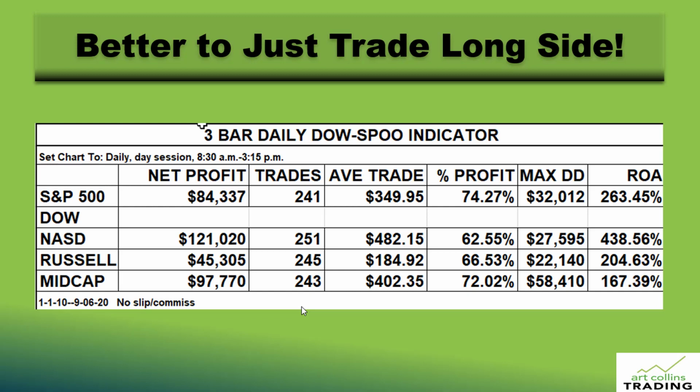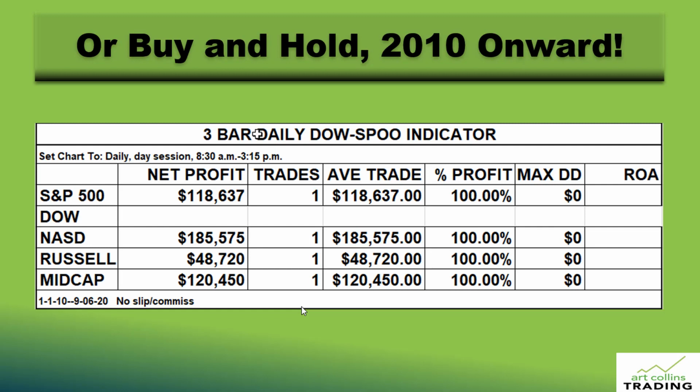In other words, what I was giving you was something worse than a buy and hold, as shown here. Now, I suppose down the road, if the markets ever get to the point where it's not just a straight up 45-degree angle over time, you'd probably be more comfortable using the original system than just buying and holding. But obviously, we're not there, and it doesn't look like we're going to be there in the near future.